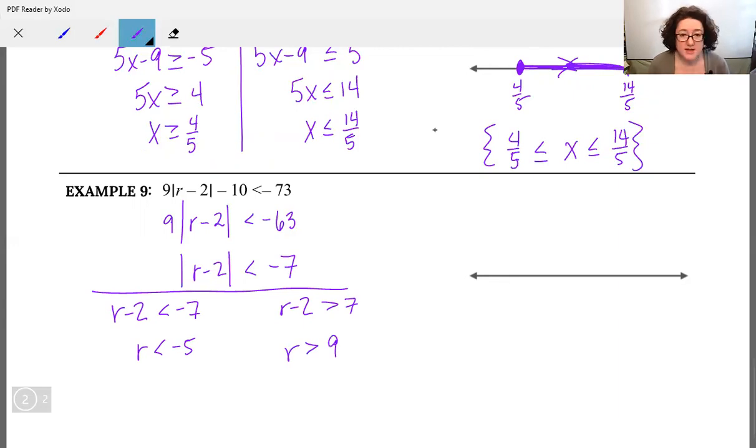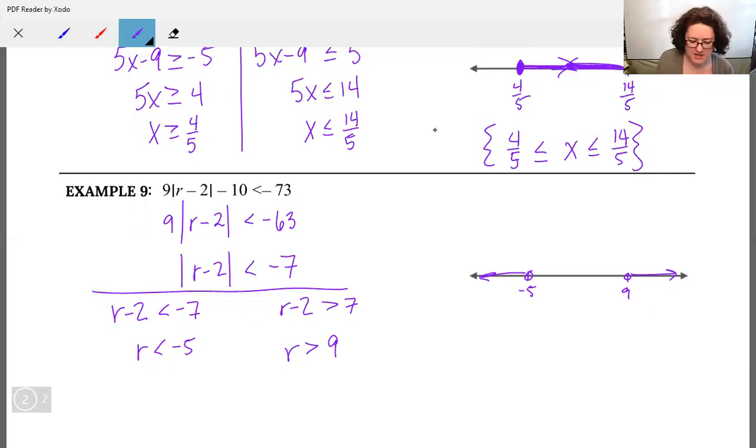It looks like any other solution that we have. We would have -5 and 9, and the way they're shaded, we would go less than or greater than. So let's actually check one of these and see if it works.